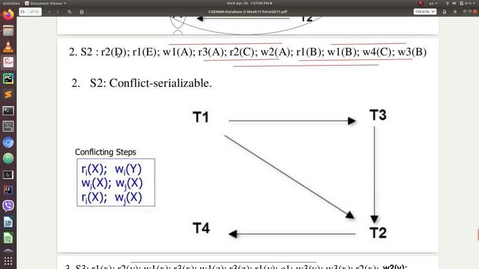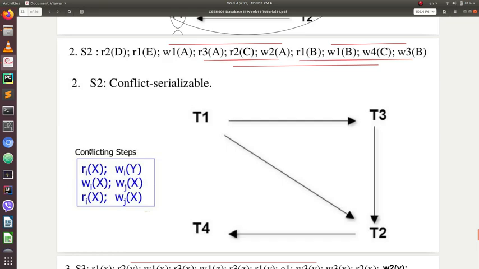It will read the element D, then transaction 1 writes element E, then transaction 1 reads value E, then transaction 1 writes A, then transaction 3 reads A, then transaction 2 writes C, then transaction 2 reads C, then transaction 2 writes A, then transaction 1 reads B, transaction 1 writes B, transaction 4 writes C, transaction 3 writes B. Okay.